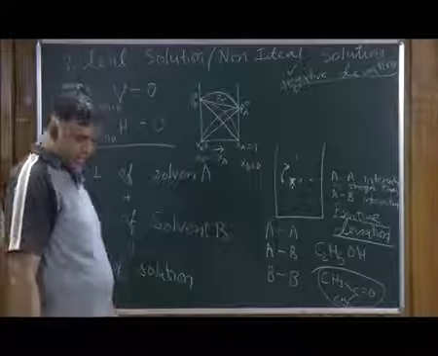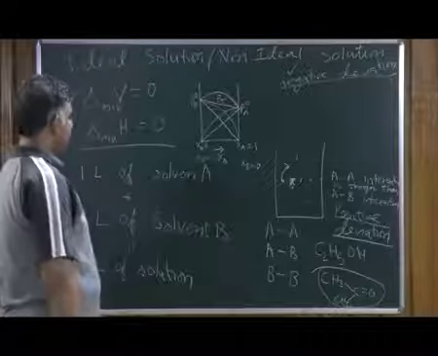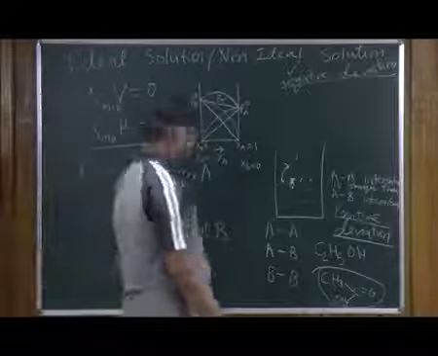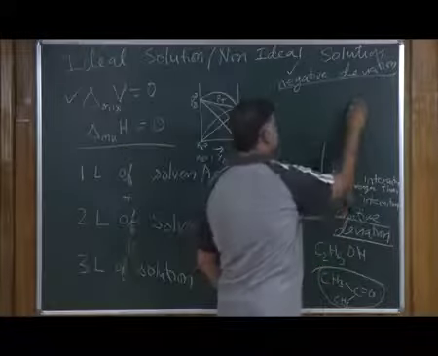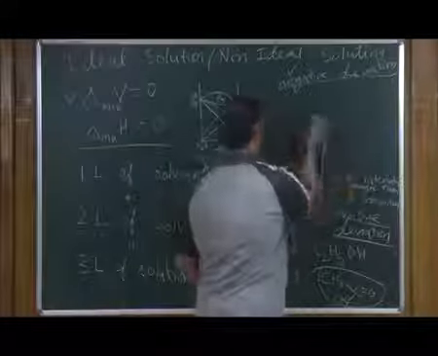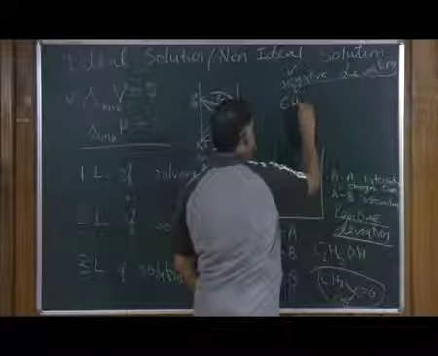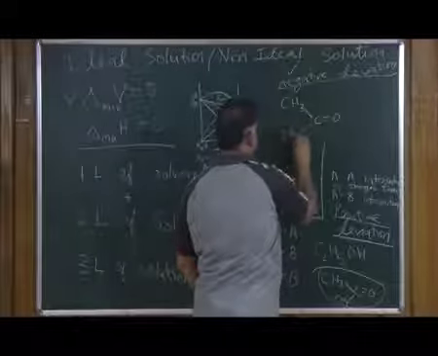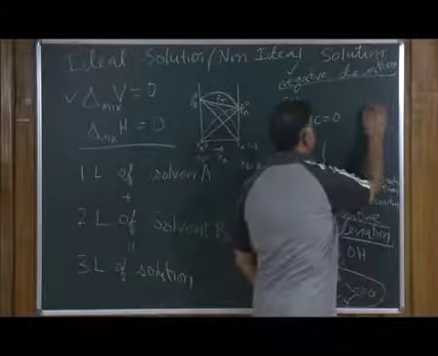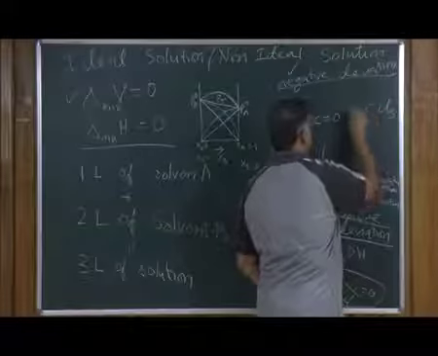Let us look at the other example, that is between chloroform and acetone. So, acetone, that is CH3COCH3, and chloroform, that is CCl3H.